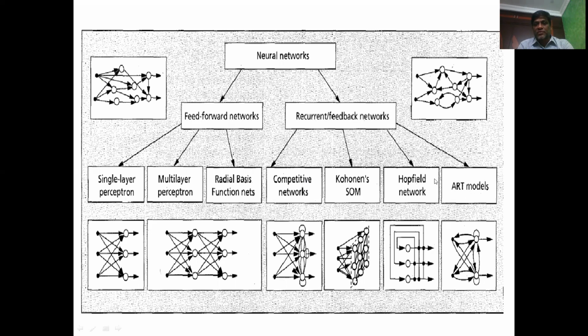We don't have all of them in our syllabus. Anyhow, competitive learning is present in our syllabus in second unit. During that phase, I will explain about competitive networks also. Except this, other things are not available in our syllabus.